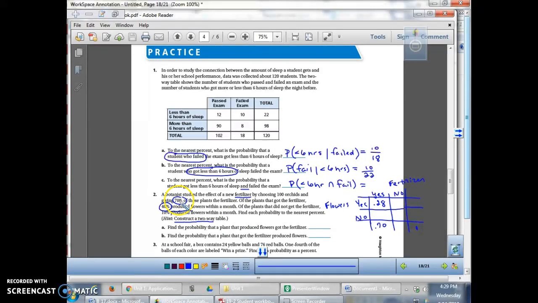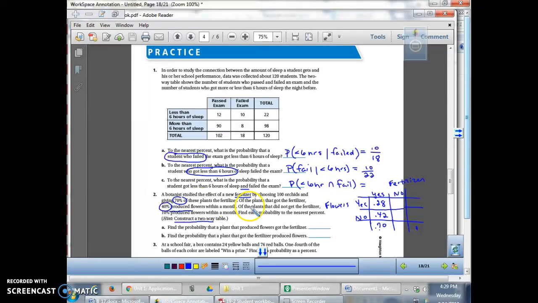So kind of think through that. If 40% of this total of 70%, so it's just 0.4 times 0.7, 28% of the overall plants, so about 28 orchids received the fertilizer and produced flowers. Then to fill this in, I simply subtract from 0.7. So 0.7 minus 0.28 is 0.42.